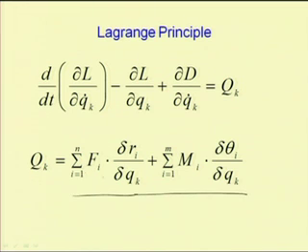If n external forces are acting on the system, then the work done due to that can be found from F i dot delta r i, but the generalized force can be found by summing i equal to 1 to n of F i dot delta r i by delta q k, plus, if some moment is acting on the system, this moment term can also be added to the equation to find the generalized force acting on the system.